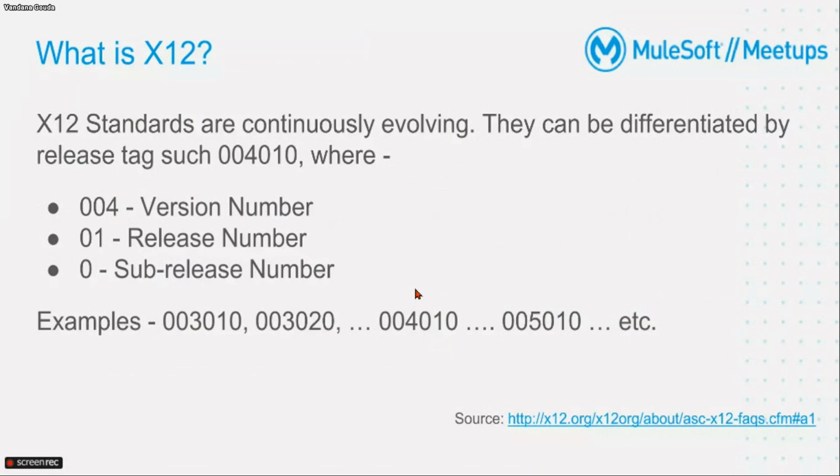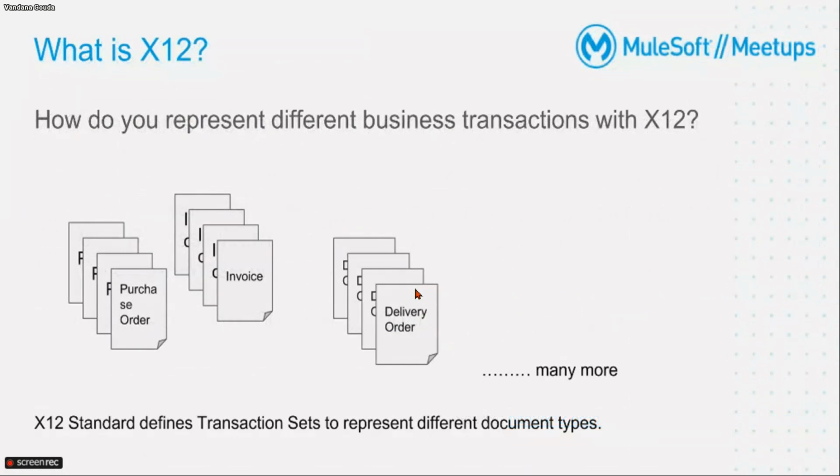So how is it presented in X12, defining different transaction sets like purchase order and others? There are different transactions in X12, like purchase order, invoice, and delivery. For purchase order it will be 850, and invoice maybe 810.